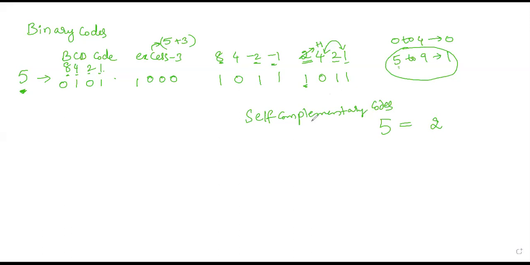BCD code 8421, 84-2-1, and 2421 are weighted codes because those positions have some weight. XS3 and the codes which we are going to discuss are non-weighted codes.